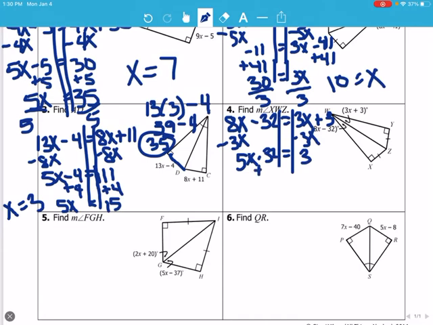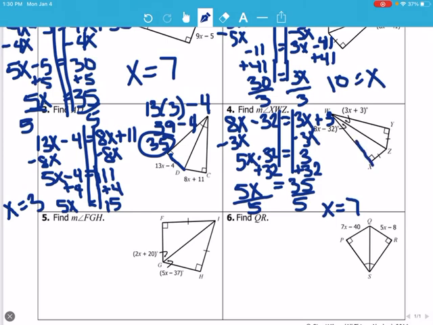Add 32 to both sides. So 5x equals 35. Divide both by 5. X equals 7.